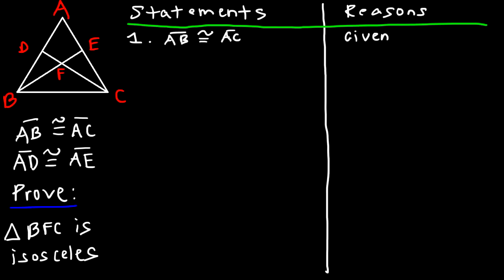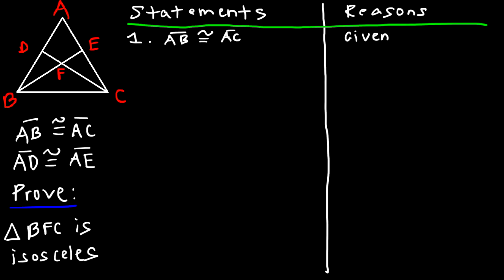Now let's think about what we need to do. We need to prove that triangle BFC is isosceles. In order to do that, we need to prove that these 2 sides are congruent or that these 2 angles are congruent. So how can we do that? Well, we can prove these 2 sides are congruent if we can prove these 2 triangles are congruent.